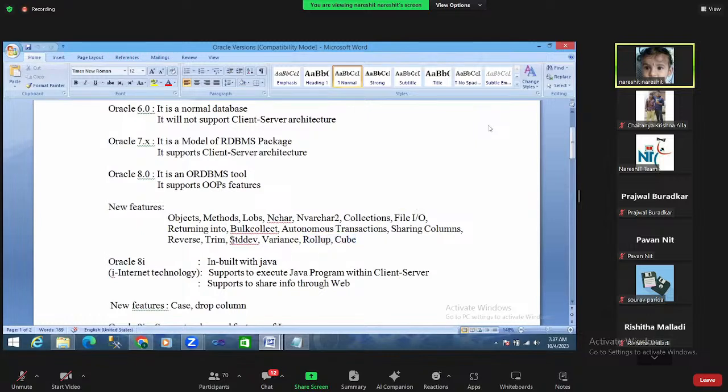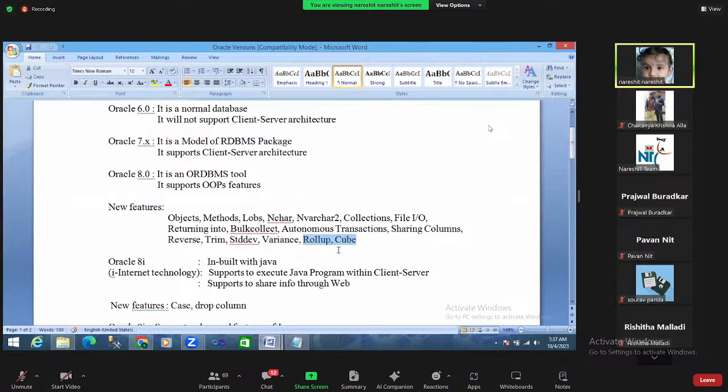Standard deviation and variance are both statistics formulas used by ISO and ISI organizations. And ROLLUP and CUBE. These are the important functions added in Oracle 8.0.